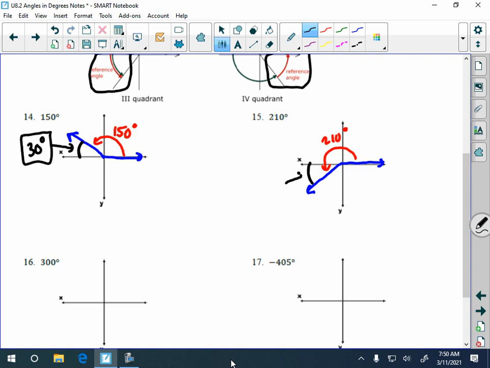So this angle right here, to get it, we're going to take 210 and subtract off 180 degrees, and that would be 30 degrees. All right, and so we can see that's 180 degrees, half a circle, and then we would add another 30 degrees. That would get us our 210. All right, so we say 30 degrees is the reference angle to 210.